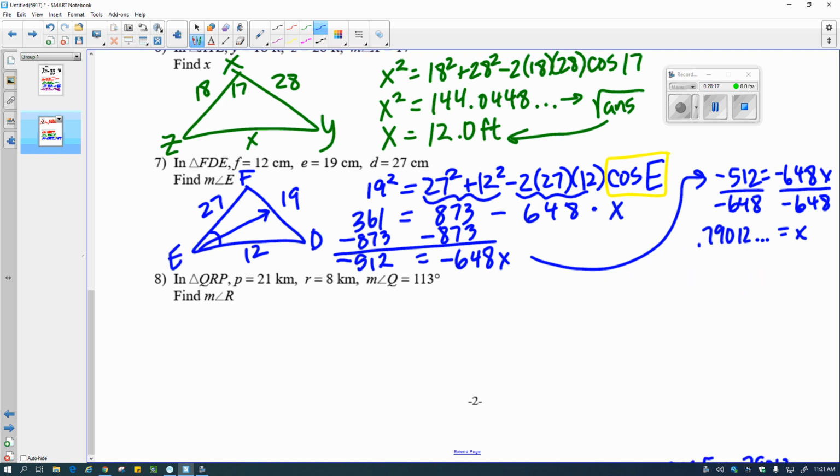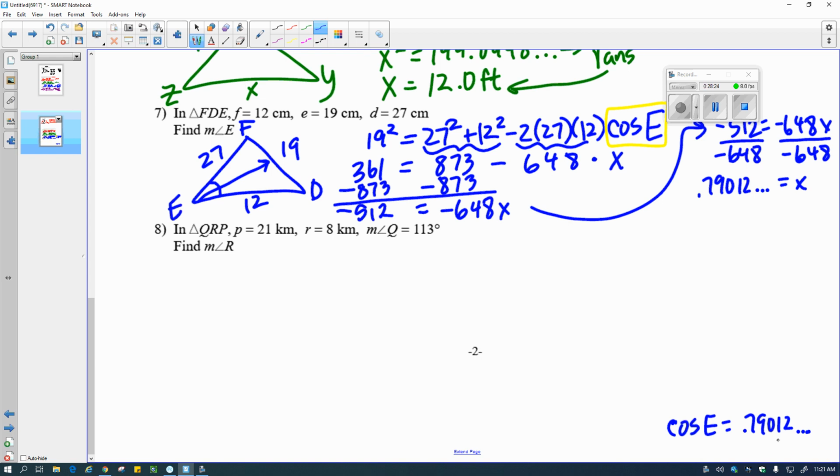What's that? I think I might have dropped it off by hitting it with my elbow. That's just so bizarre. Anyways, I'll just rewrite that and we'll pretend like that never happened.